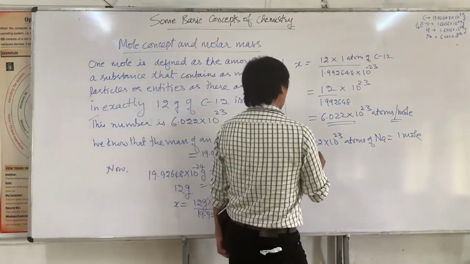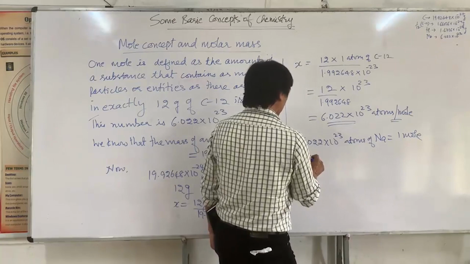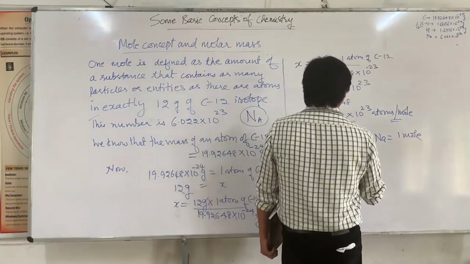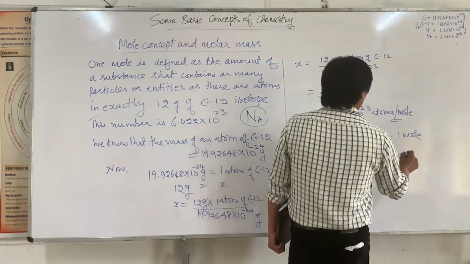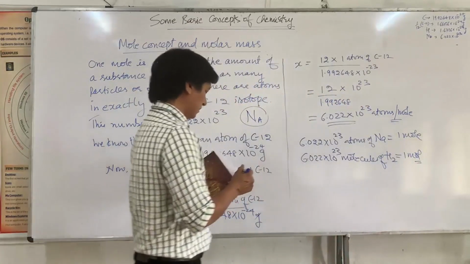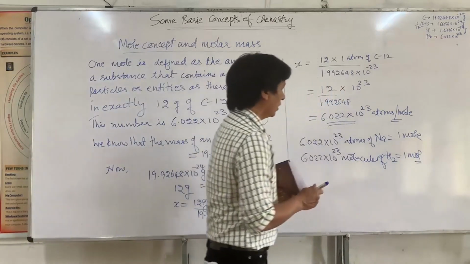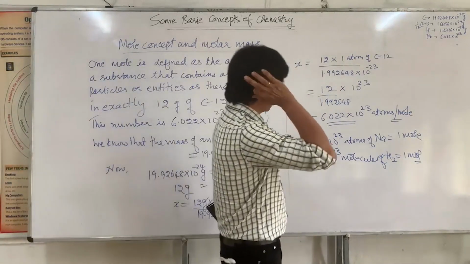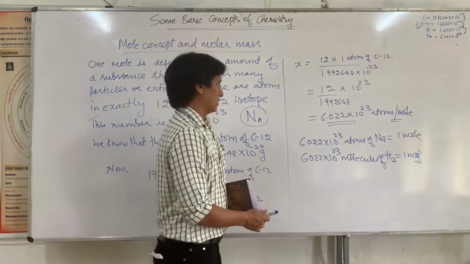Now if you consider, say, dihydrogen, that is hydrogen gas, when you have 6.022 × 10^23 molecules of hydrogen, then again, we call it 1 mole. Now how do you get this? This is actually obtained from what is known as the molar mass.